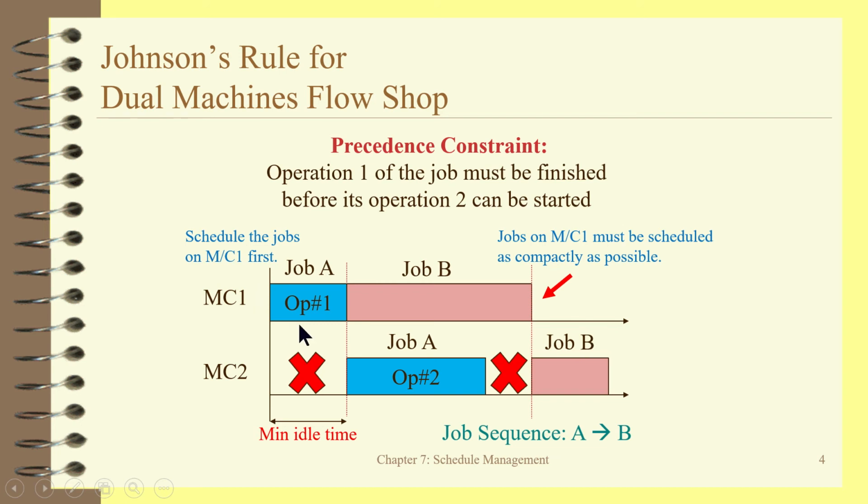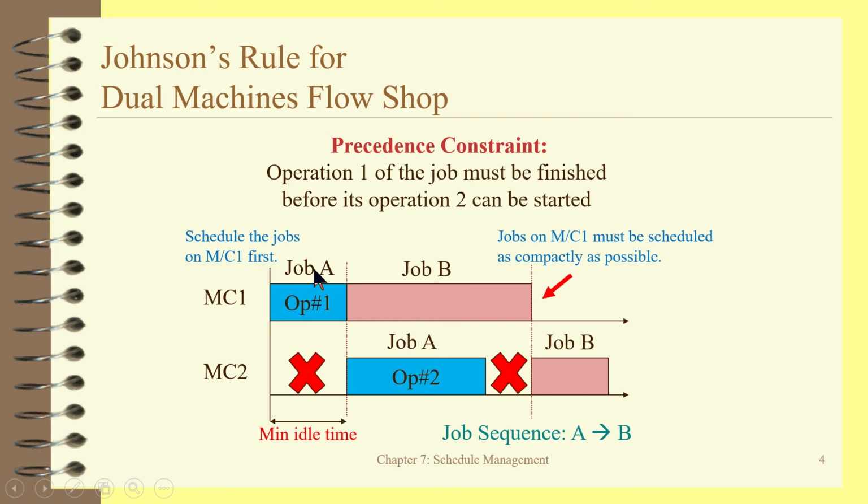So please make a schedule for the first machine first, and then you can start making a schedule for the second machine later. According to the precedence constraint, operation 1 of a job must be finished before operation 2 can be started.